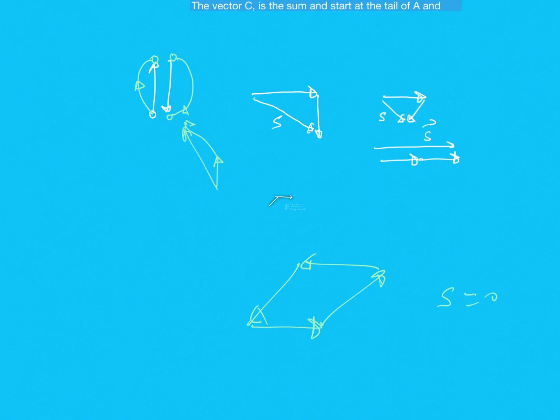The sum of these four vectors is 0 because you start here, you move from here to here, later on you move to here, then here, then here, and you end in the same position that you were. So the sum of four vectors like this one should be 0.